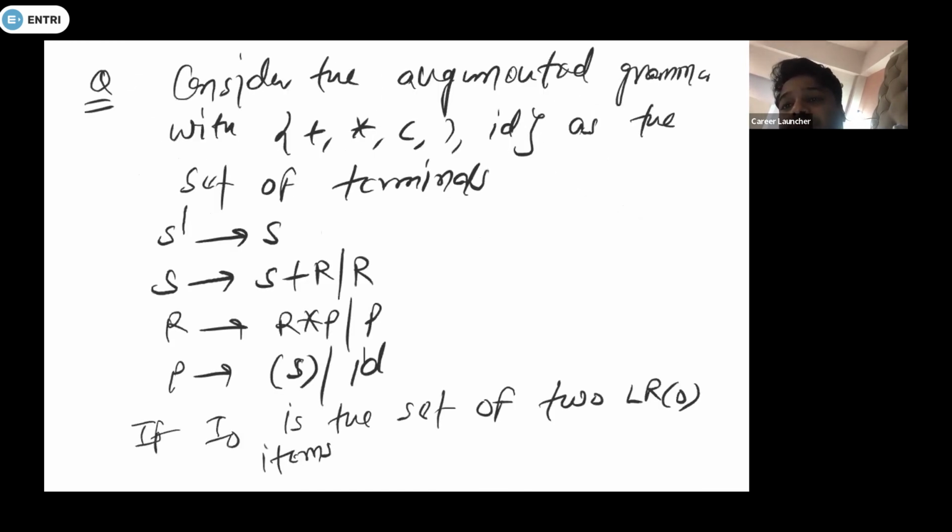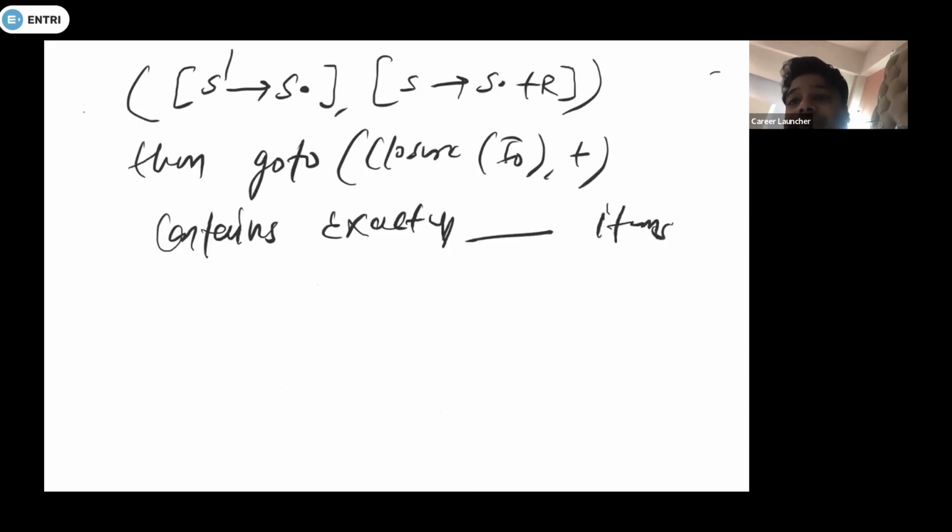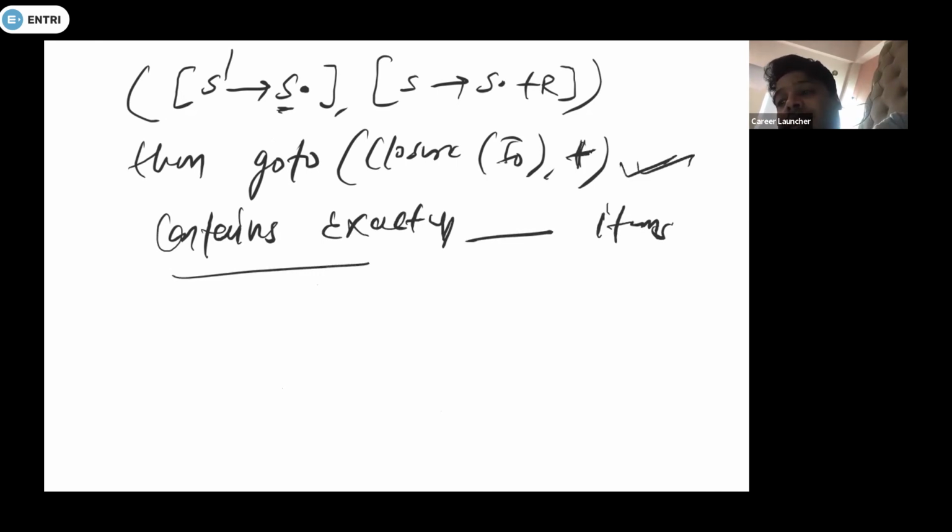So here the grammar is given, I0 has two items on S, and then we have to check I0 on plus. The augmented grammar S' is the initial augmented grammar here.